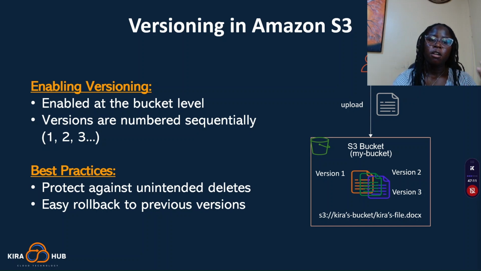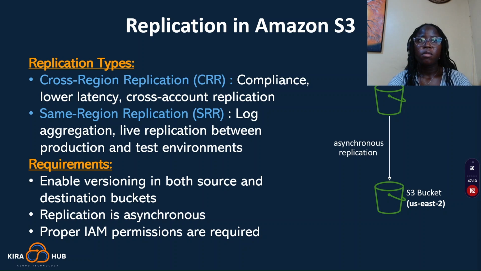Another feature of S3 is replication. So we have different types of replication, cross-region and same-region, just from the names themselves. Cross-region replication and same-region replication allow for keeping multiple copies of objects by copying objects from one bucket to another, either within the same region or different regions.